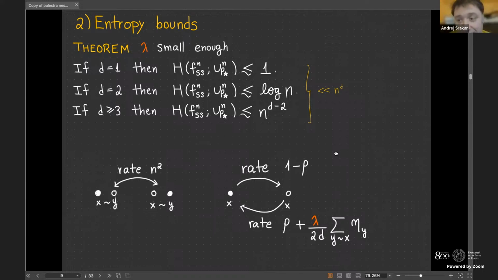I was also asking about SIP, the inclusion processes. Could this be used? It's also symmetric. So for SIP, the inclusion process, I think it should work because you have explicit product measures that have very nice identities for the generator.